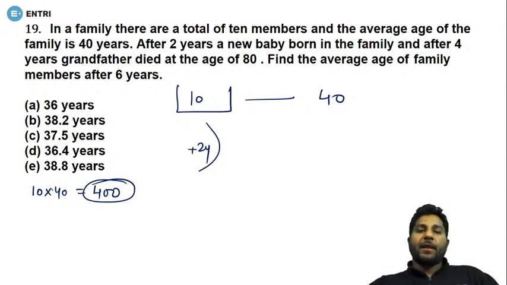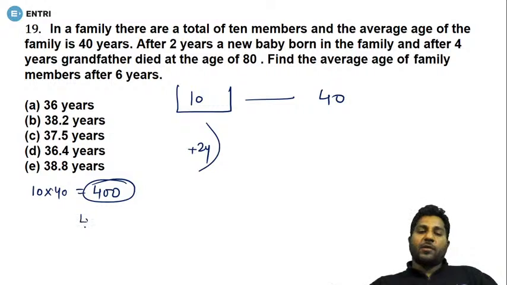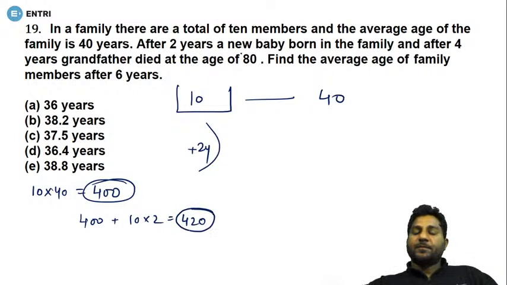After 2 years, a new baby is born. After 2 years, the total age will become 400 plus 10 into 2, that means 420. So after 2 years, when a new baby is born, the total age becomes 420. And after 4 years, the grandfather died at the age of 80.